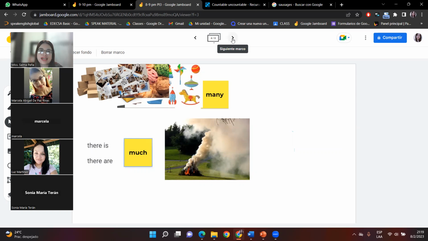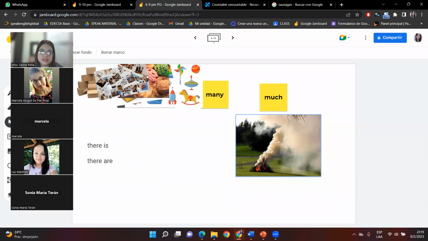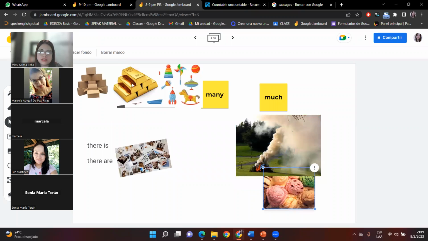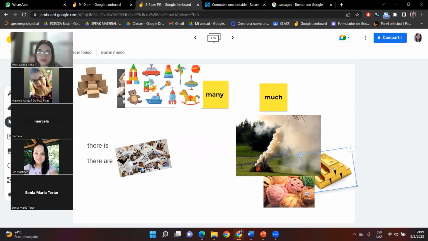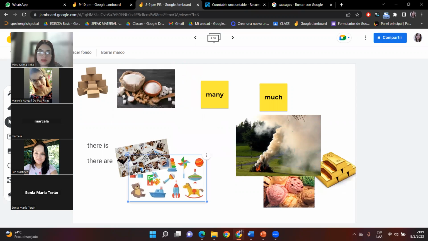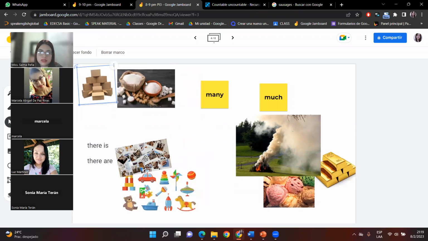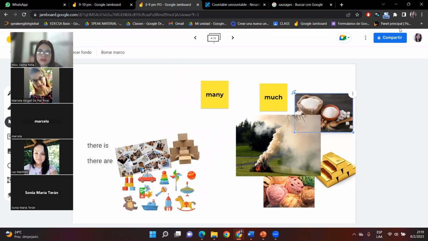Perfect. Exactly. Now, much is for uncountable things, and many you can only use with countable things. All of these are countable, and all of them are uncountable. So, many for countable, much for uncountable nouns.